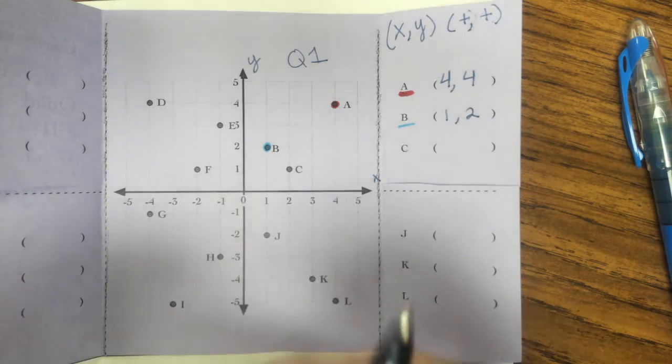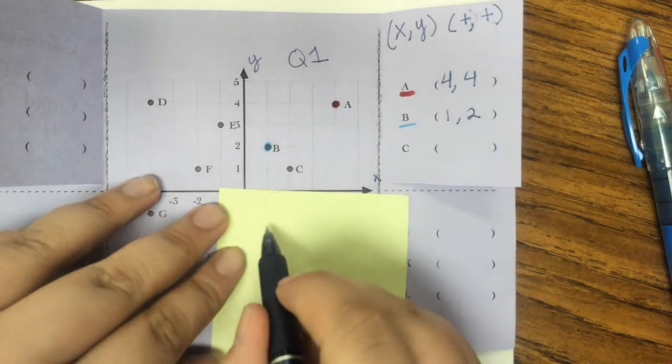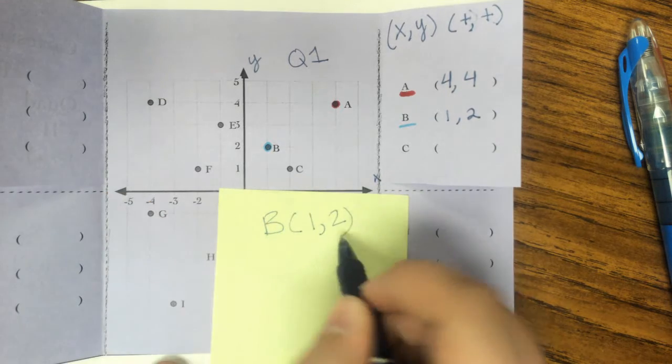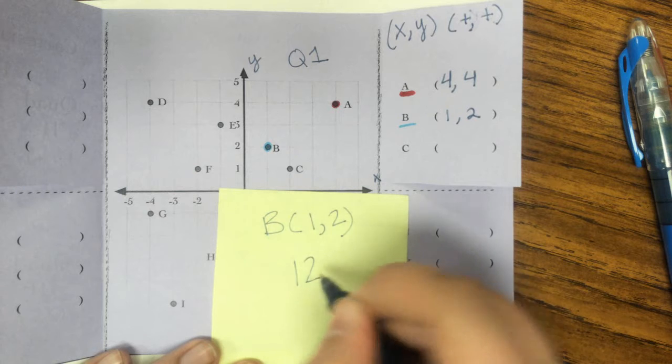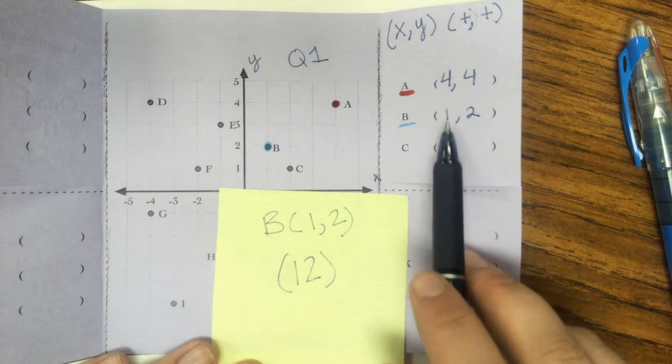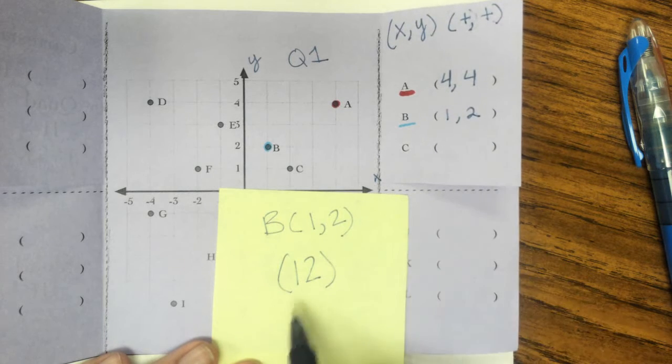I need you guys to notice something. I'm writing 1, 2. If you wrote this, that looks like the number 12. We need an ordered pair, so we need two separate numbers. If you don't have the comma, it doesn't look like two separate numbers. It looks like one number. You have to have the comma.